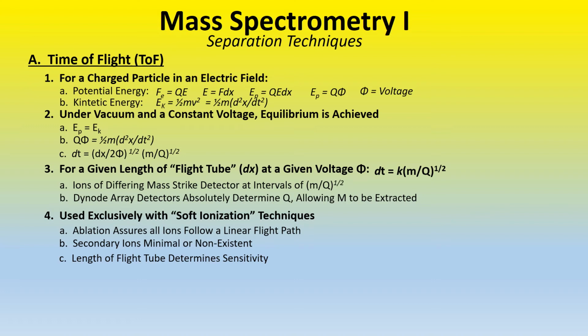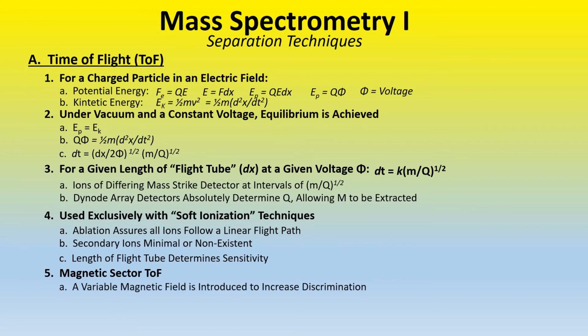Alternatively, the sensitivity of time of flight can be increased by adding what is called a magnetic sector. In this case, a variable magnetic field is used to increase the discrimination that the detector has between various M over Z's.